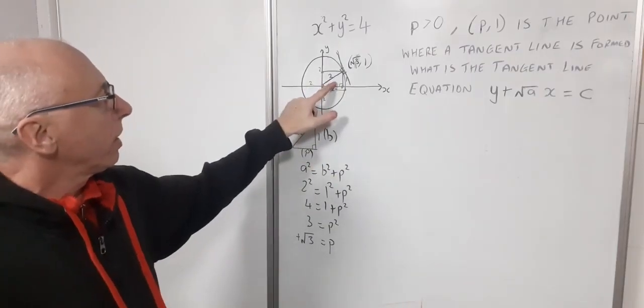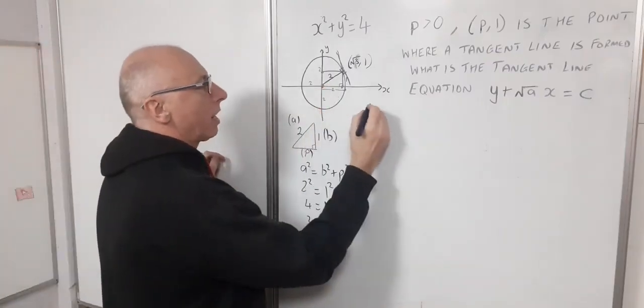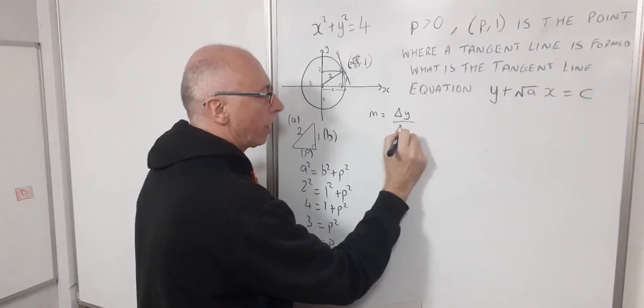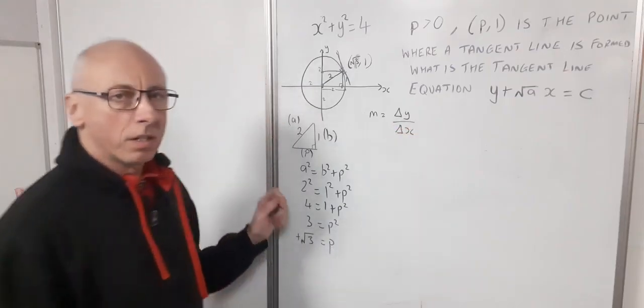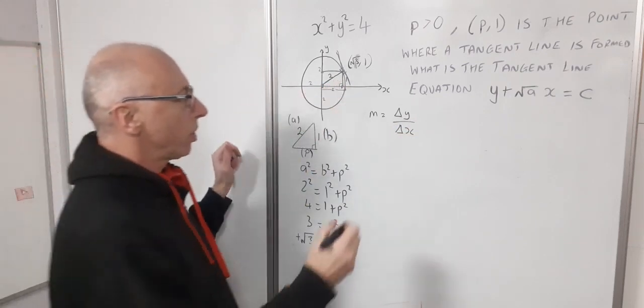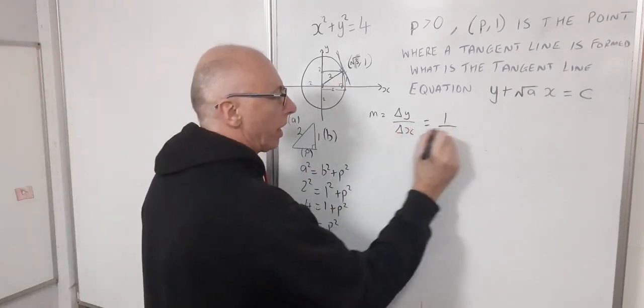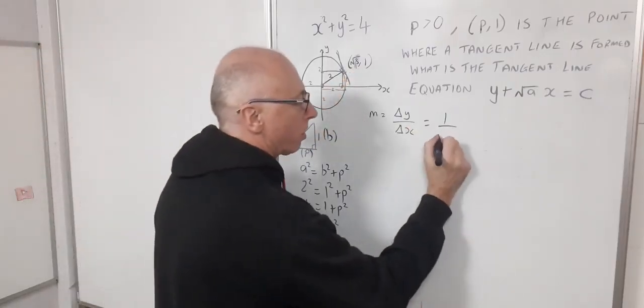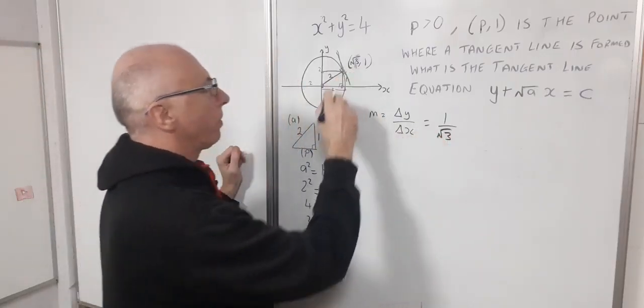So what's the gradient of that? Well, what we need is m equals change in y divided by change in x. So we can work out the gradient by changing y, which would be from 0 to 1. So the change in that is just 1. The change in x goes from 0 to square root of 3. So square root of 3. So that's our gradient of that line.